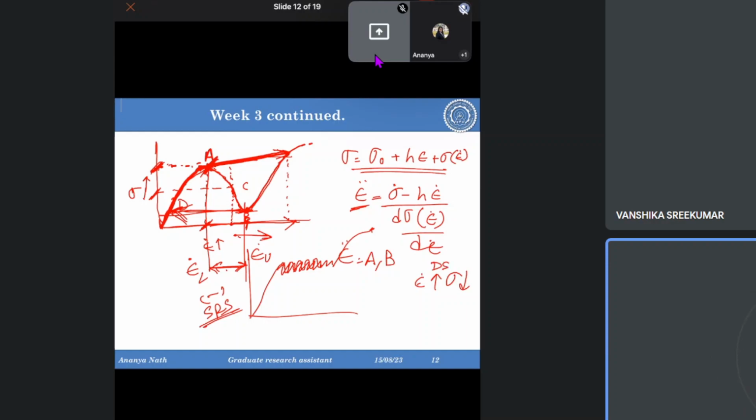This is DSA. Beyond this range, here and here, you will always get this type of phenomena, with no DSA. So this is what was covered up to lecture 3, I think, or lecture 2.